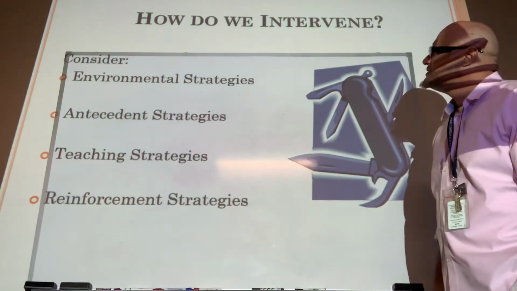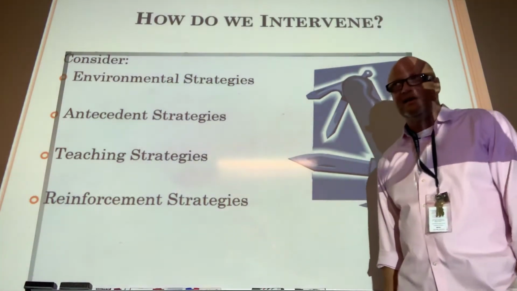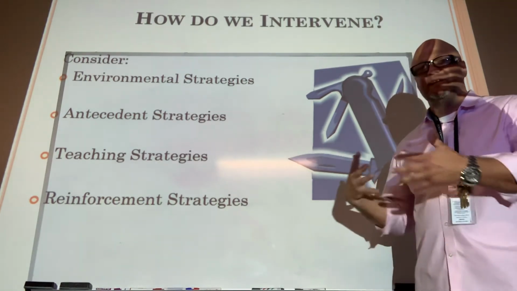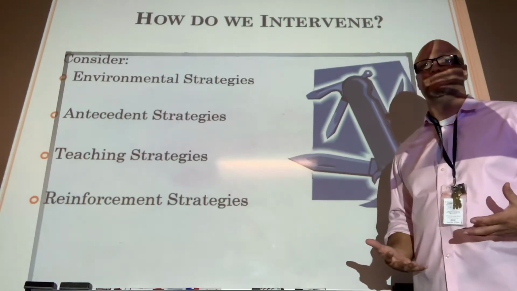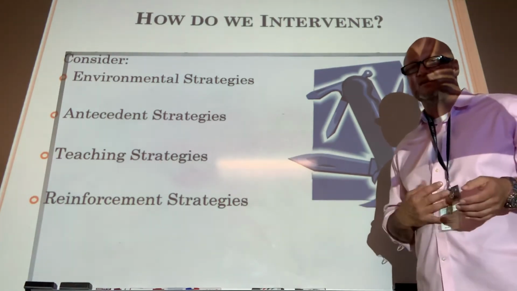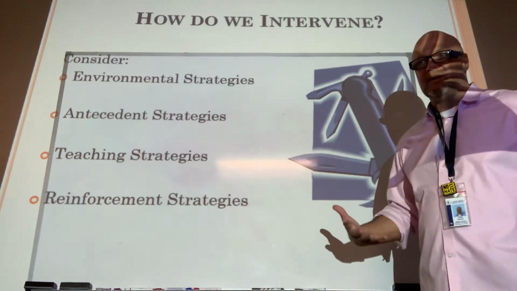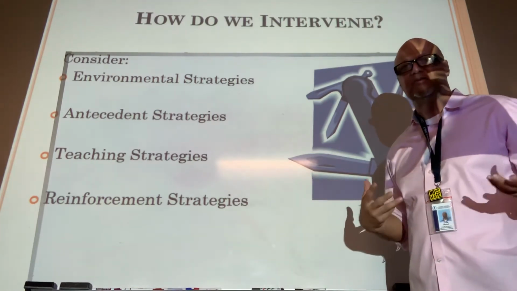Environmental strategies, these are things that you're putting in place that don't change the person. Okay, you're changing the environment to minimize that behavior occurring. All right, so it's schedules, it's a variety of things that make your environment less likely to create the behavior.